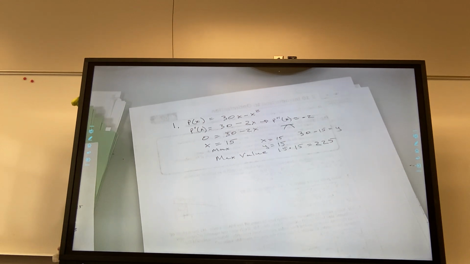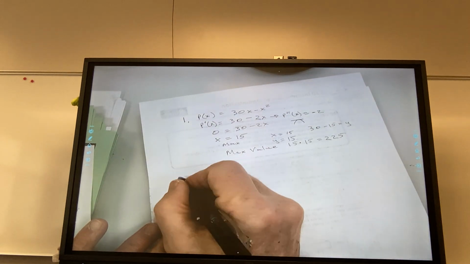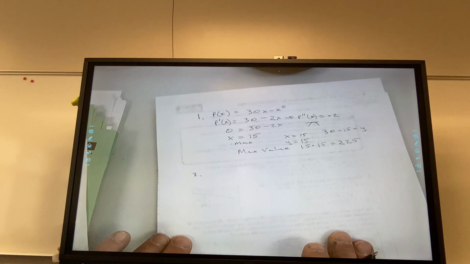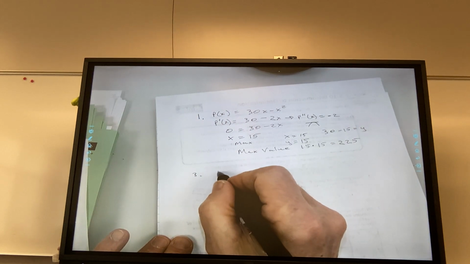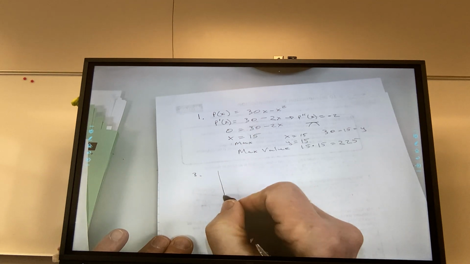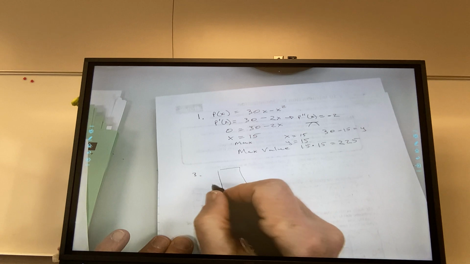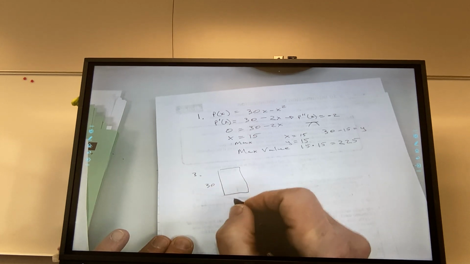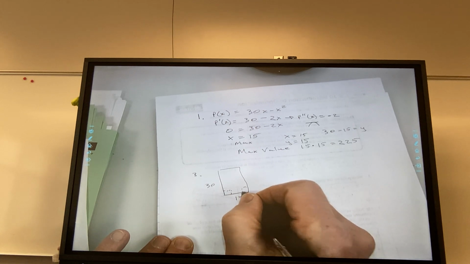Okay? All right, the last one, because I know you'll see this one again for sure. It's almost on every quiz I give and every test I give. So we had this rectangle. This was number 3, where it was 30 this way, 14 this way, and then I cut out little squares.